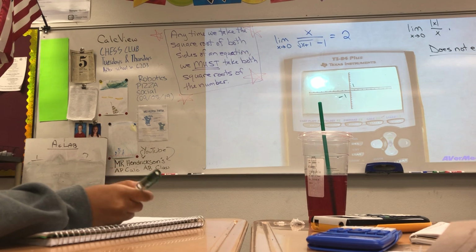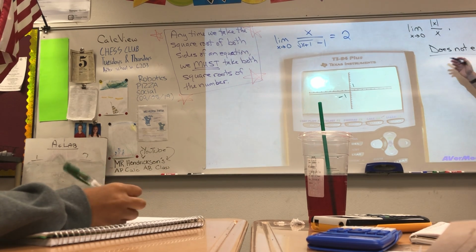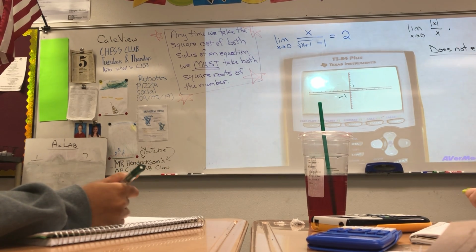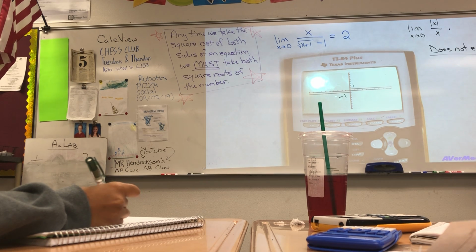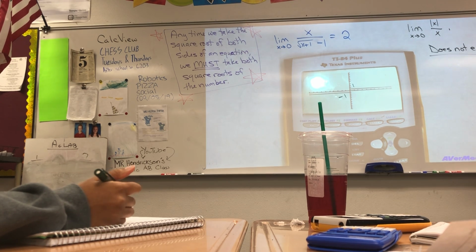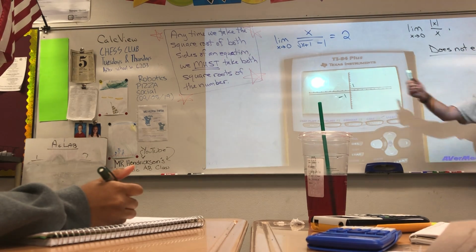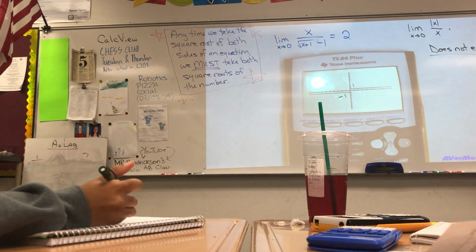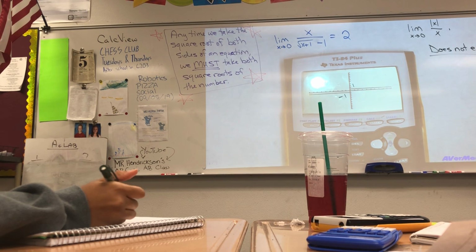Because we need to do it from both sides so that we can make sure that we're going to the same place from both sides. Does that make sense? Okay. So if it goes two different places from the left and from the right, then the limit does not exist. Okay? All right. Next.